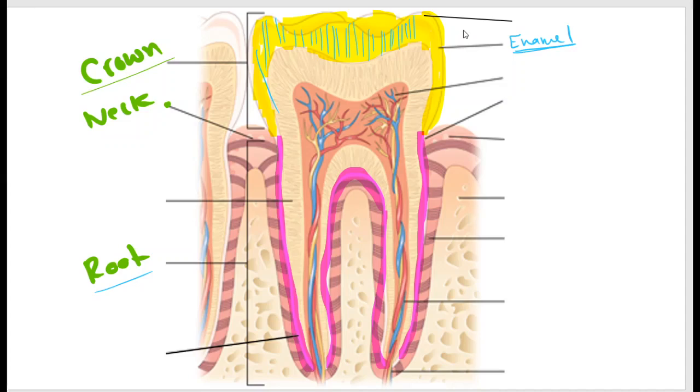The second layer of the tooth is the dentin, and that is here. The dentin is the part that makes most of the tooth structure. And the dentin also has some small tubes that we call dentinal tubules that are formed all around.